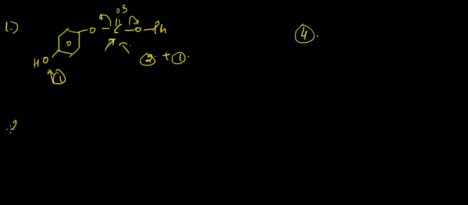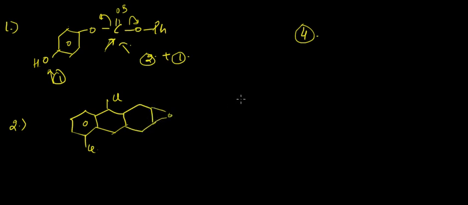Okay, let us see another example. We have something like this here, and we have Cl here, Cl here as well, and then we have something like this here. So how many moles would be used here?